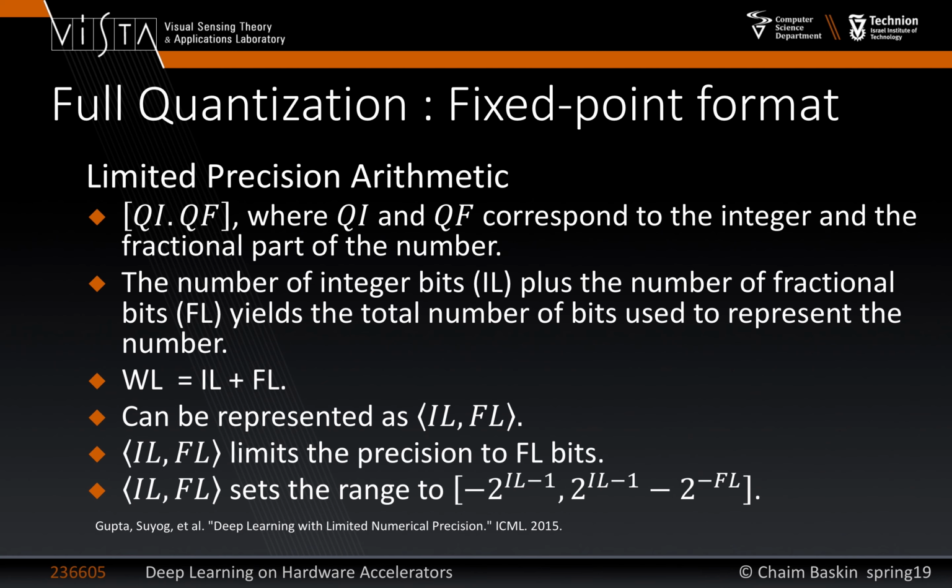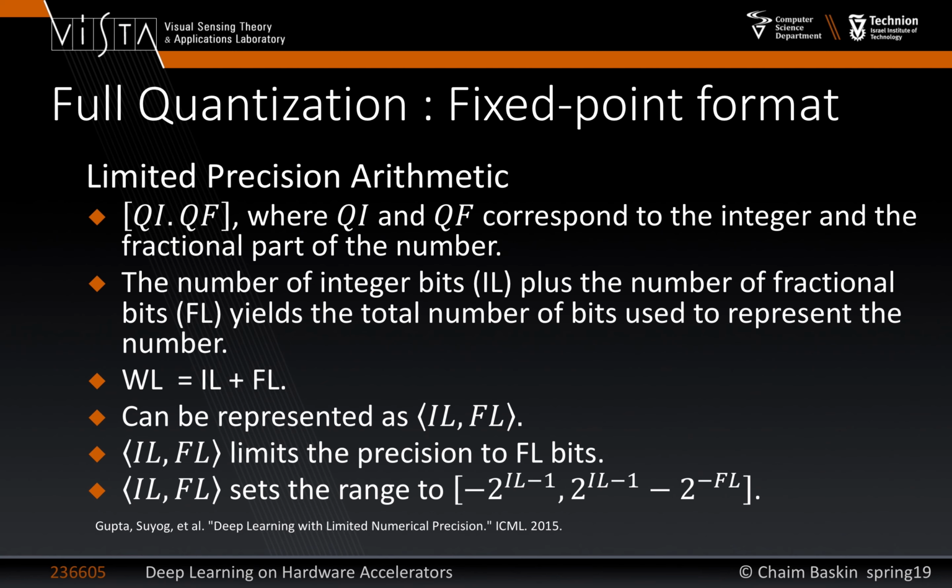So what is quantization? Quantization is making your parameters low precision. In computer science, most of the works are done using floating point precision, and low precision is a representation that uses less than floating point.